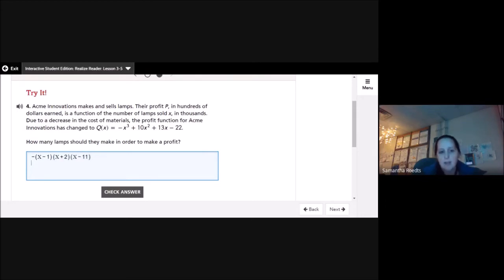So when I factor it, my zeros are 1, -2, and 11. I can ignore a -2 because I can't make negative lamps. So I have between 1,000 and 11,000 lamps.